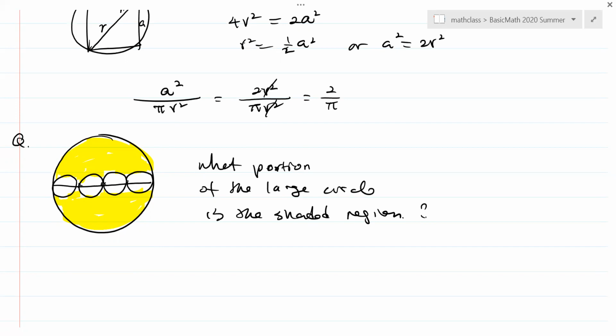Okay. To do that, just name the variables. The radius of the little circle is little r. Then you have the radius of the larger circle, capital R. So what's the relationship between capital R and little r?